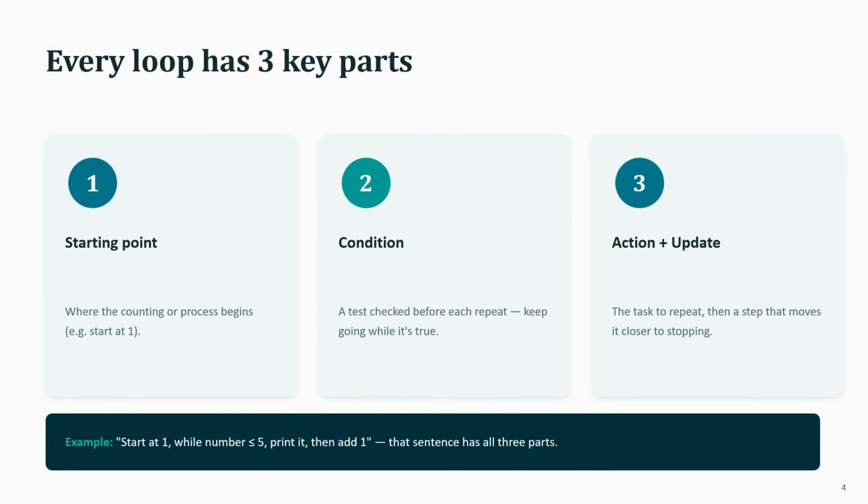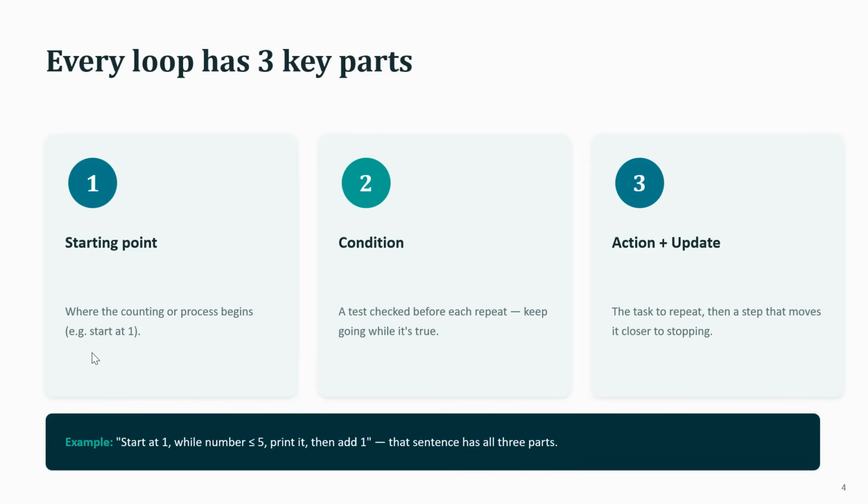Now every loop has three parts. As I told you, we first put the condition, and then the stopping point where it needs to stop. First of all, let's go with the slides so I don't miss anything. The starting point is where the counting or process begins.